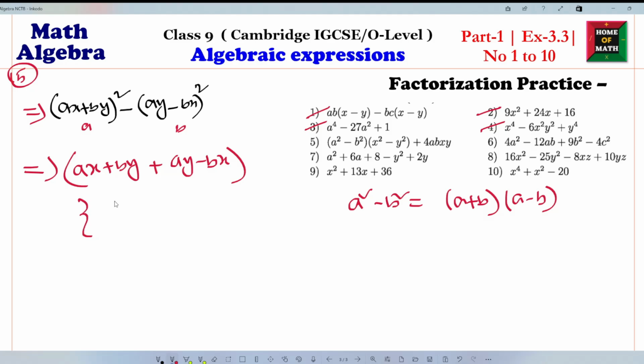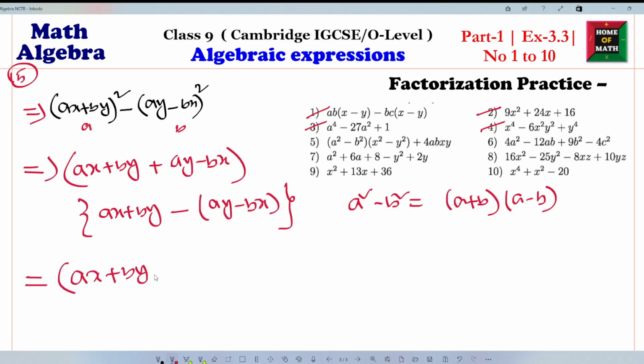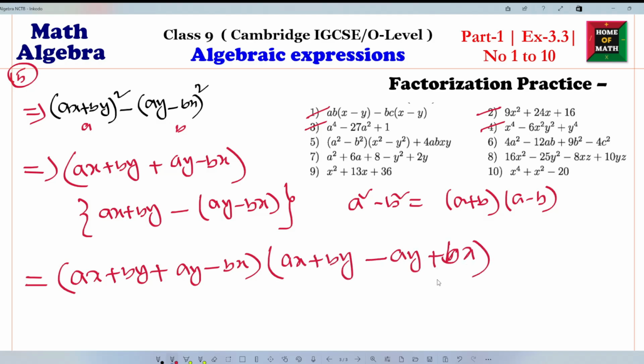So again a means ax plus by, then minus b means ay minus bx. Okay, now we can write ax plus by plus ay minus bx, right? And here is ax plus by minus ay plus bx. Okay, and this is our answer.